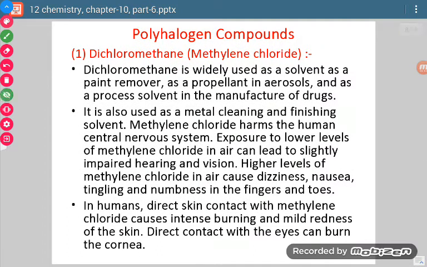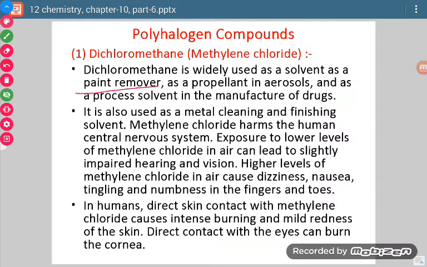Now we are going to discuss some polyhalogen compounds. The very first polyhalogen compound is dichloromethane, which in the common system is methylene chloride. Dichloromethane is used as a solvent and as a paint remover.